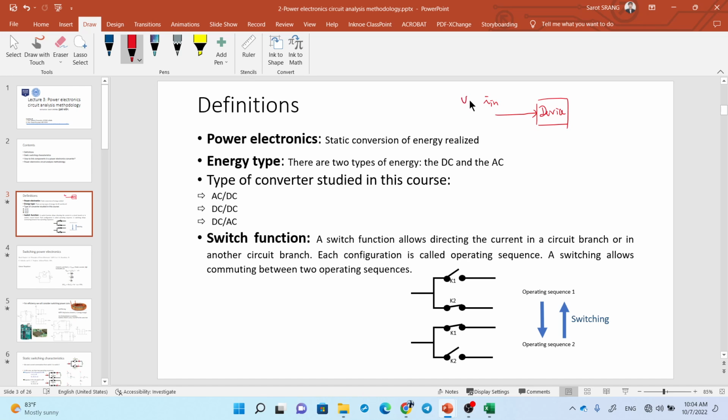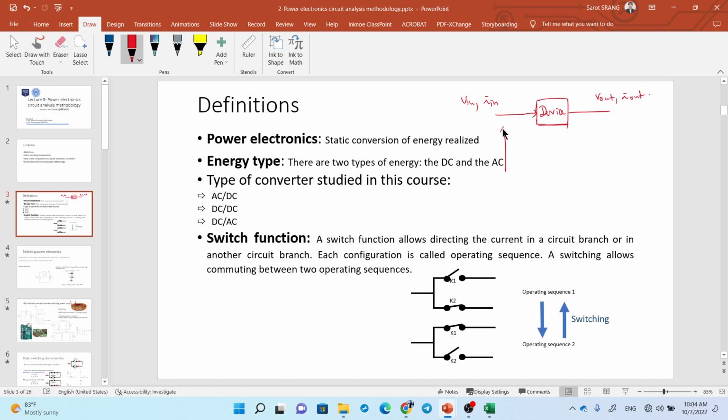It should be voltage first. Then the outputs are voltage and also current. So the device has certain functions in order to convert different levels of voltage and current from the input to different levels of voltage and current at the output.